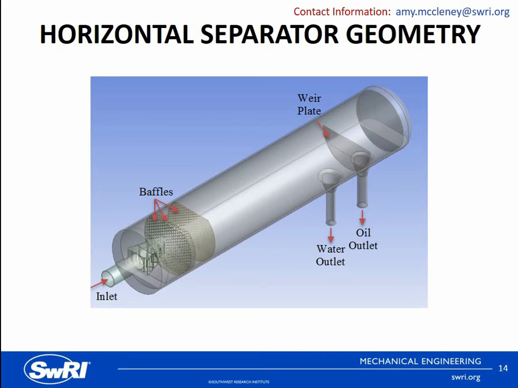The fluid mixture then enters the gravity separation portion of the horizontal vessel, where the creation and fallout of large liquid droplets occur, and the fluids separate into their respective bulk phases. The separated fluid phases then encounter a weir plate, where ideally pure water flows through the water outlet and pure oil flows over the weir plate and out of the oil outlet.